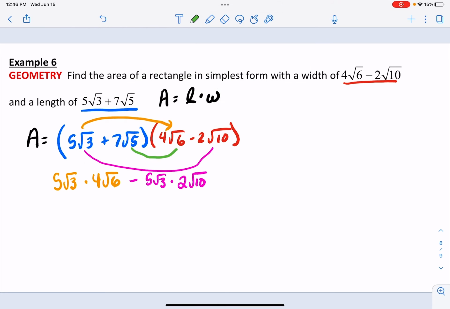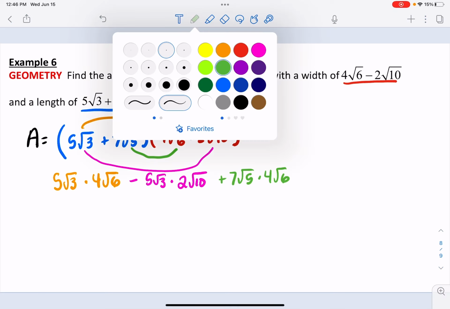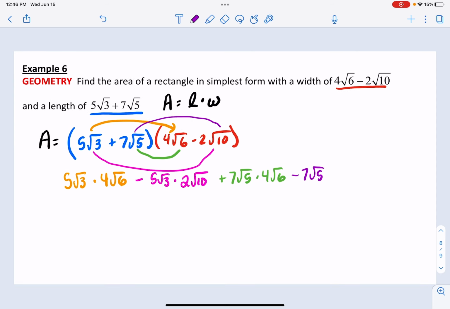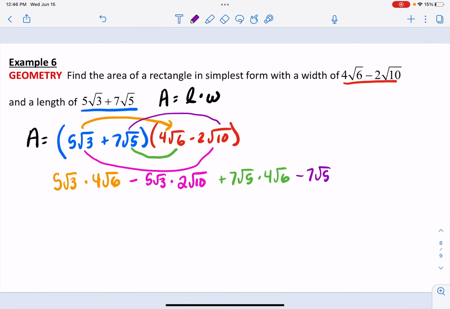Inner terms together. And then our last terms together. Seven root 5, and then I change my sign to a minus because that 2 root 10 is a negative.